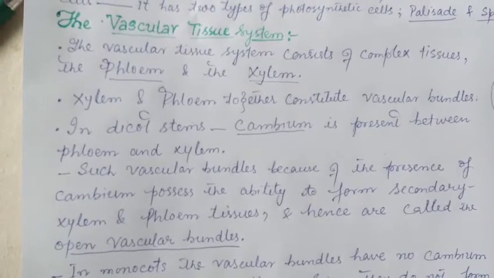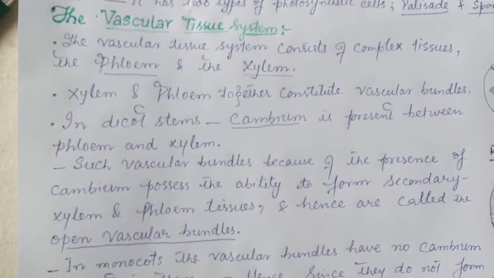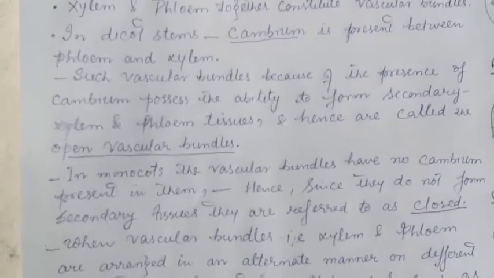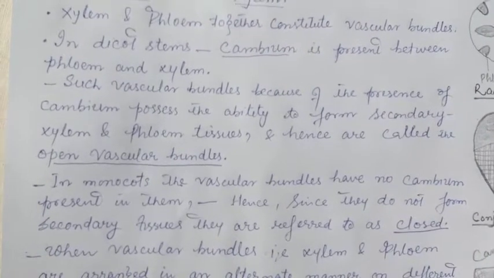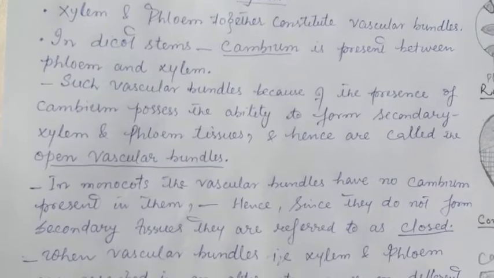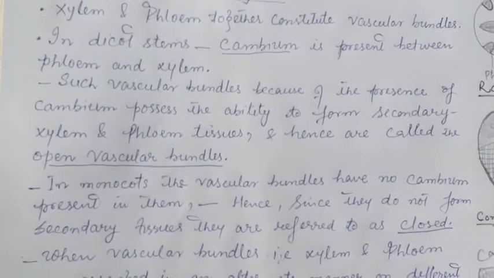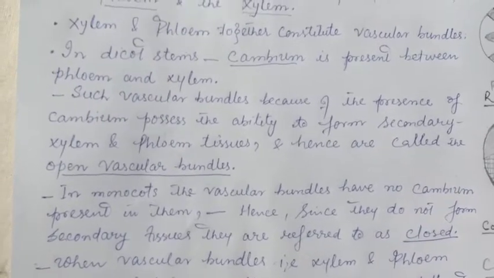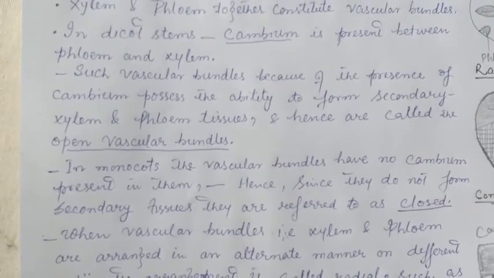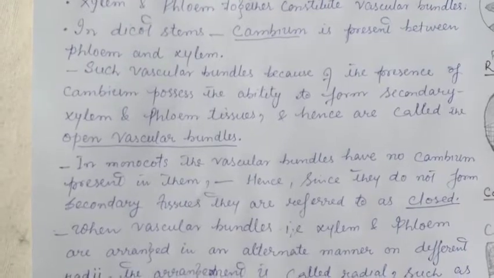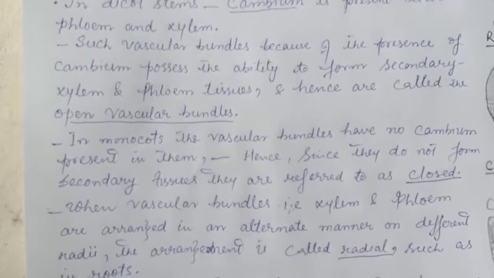This is the case in dicot stems. While in monocots, the vascular bundles have no cambium present in them. Hence, since they do not form secondary tissues, they are referred to as closed. The vascular bundles are of closed type in monocots.